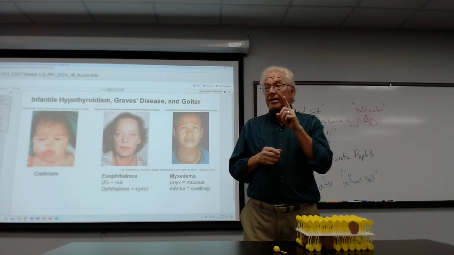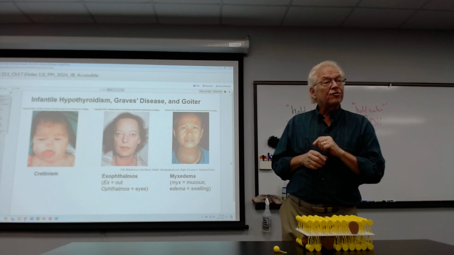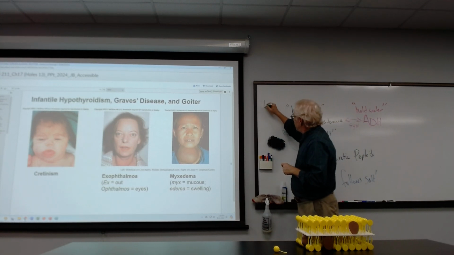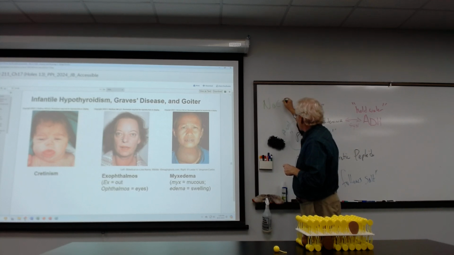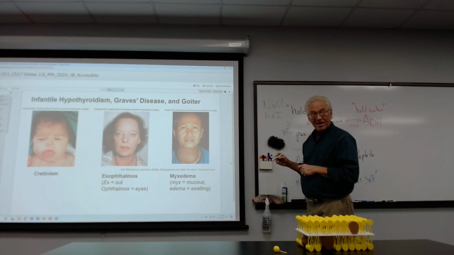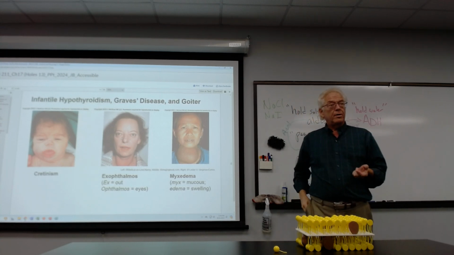But we can give you iodine. We call that iodized salt, which is a combination of sodium chloride and sodium iodide. Got it? Iodized salt if you are low on iodine.